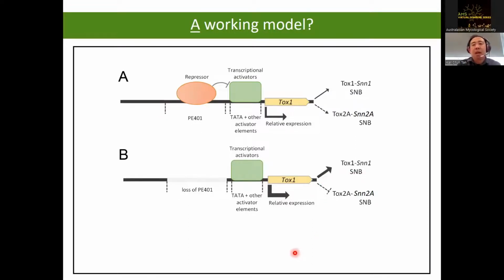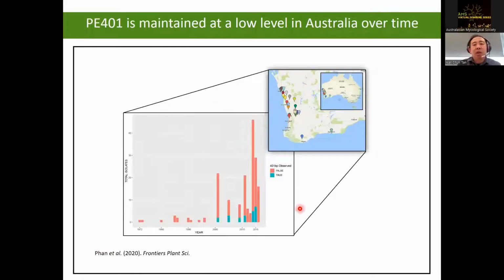Now that's not the end of the story just yet, right? We were blessed because we live in the stronghold for septoria nodorum blotch, and because of that we were able to get our hands on a temporal collection of the pathogen going all the way back to 1972, with much of the collection taken post 2000. What we're able to do is monitor the distribution of P41 within the population over time, and you can immediately notice that P41, in blue here, is maintained at a relatively low level throughout this time.